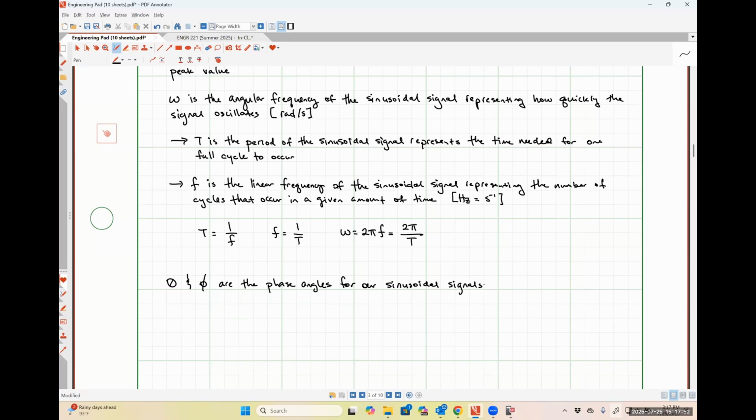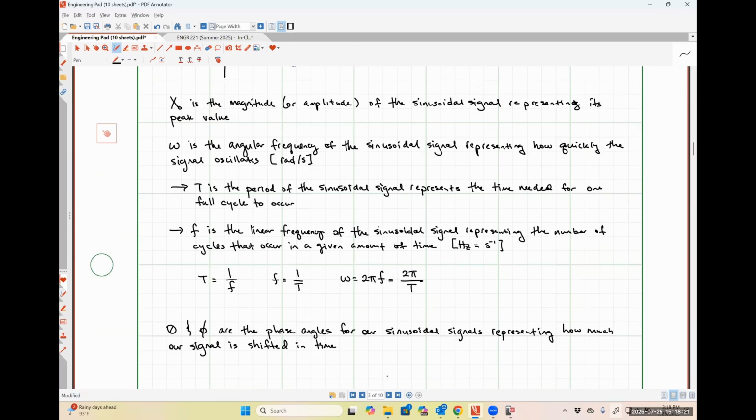And they represent how much our signal is shifted in time.